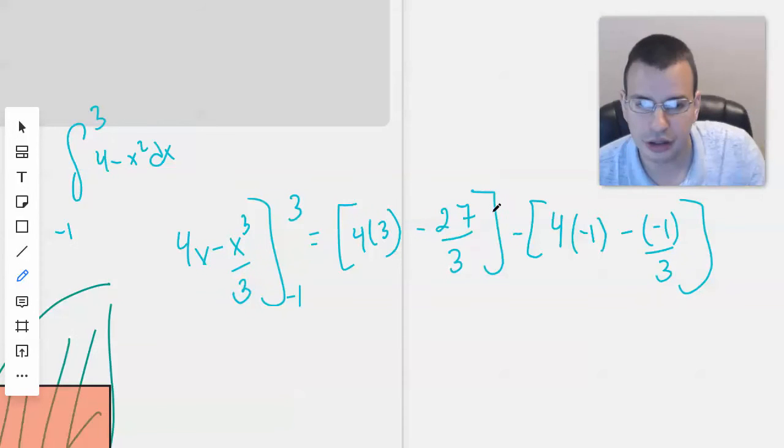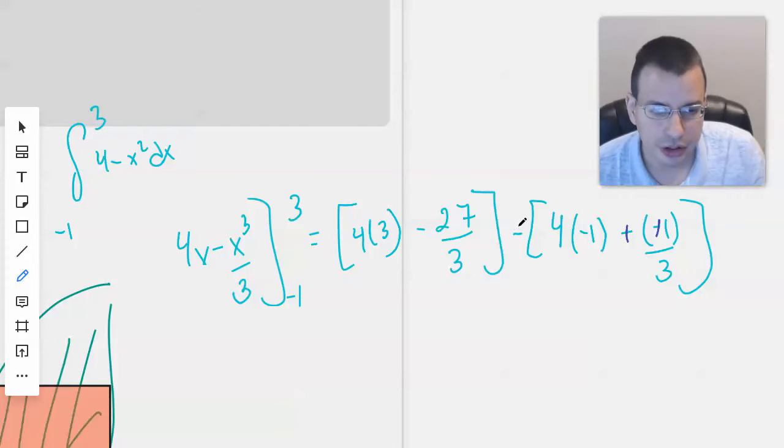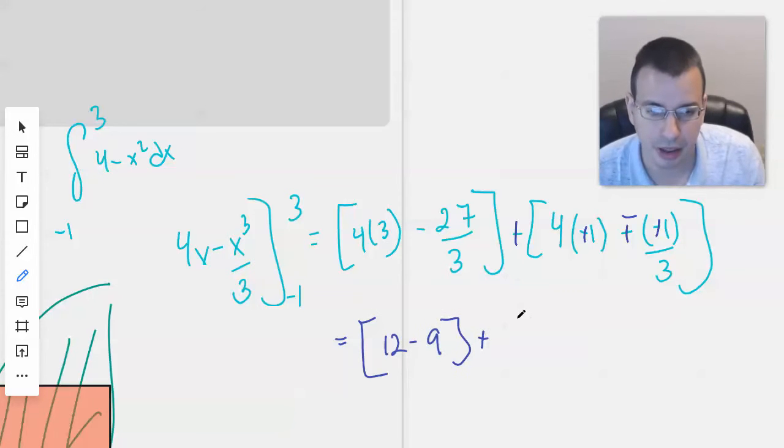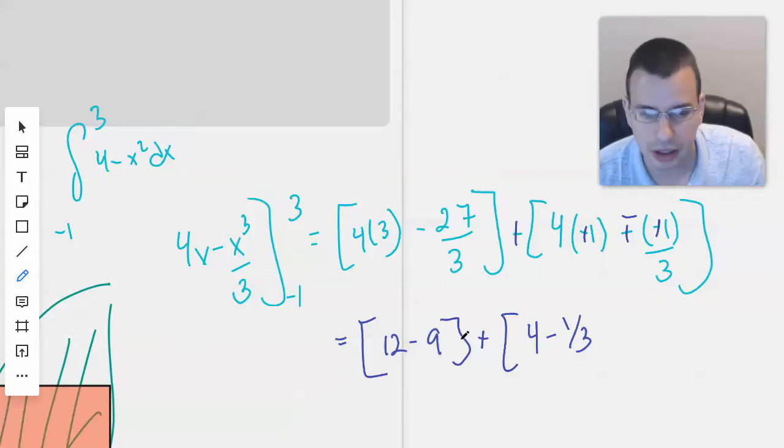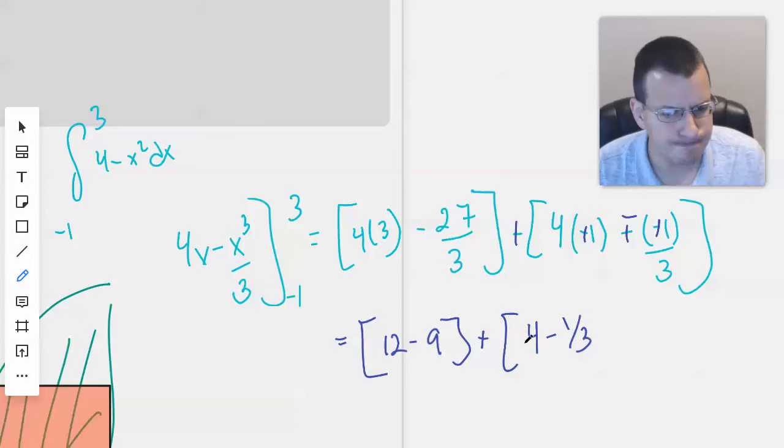Change the color, distribute. So let's see here, plus goes back to minus. So this is 12 minus 9 plus 4 minus 1/3. I'm going to change this 4 then to 12 thirds.